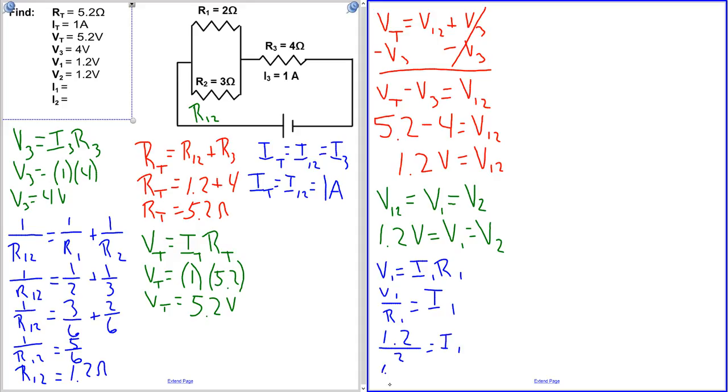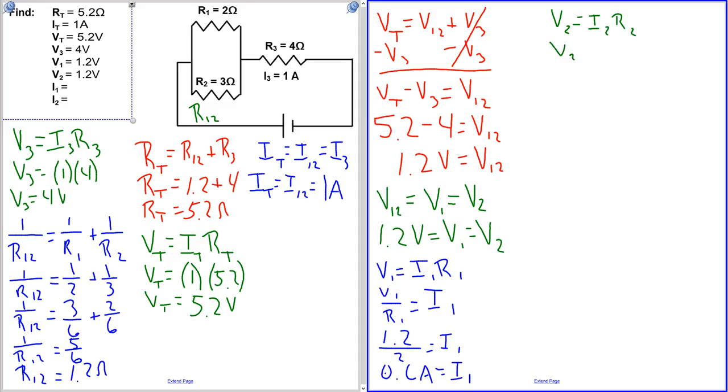So that's 0.6 amps equals my current at resistor 1. And then to find my current at resistor 2, I'm going to do exactly the same thing. So V2 equals I2 R2.